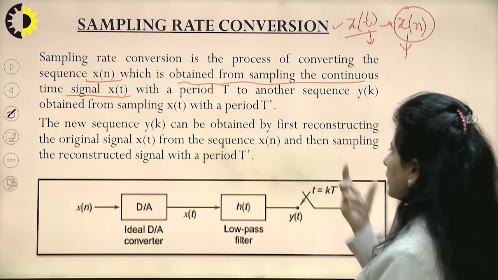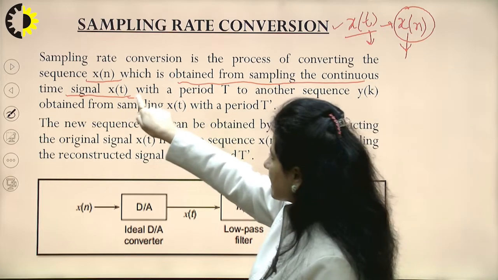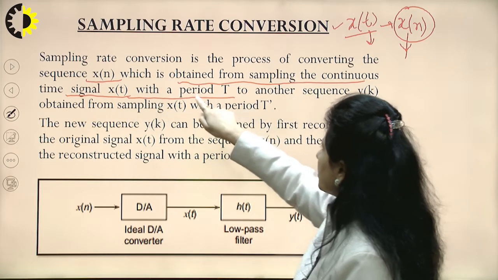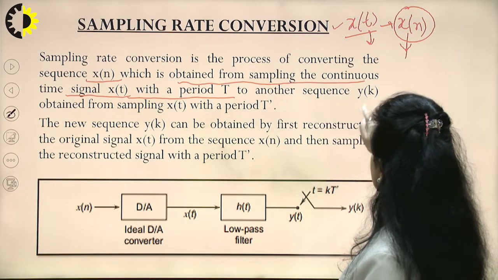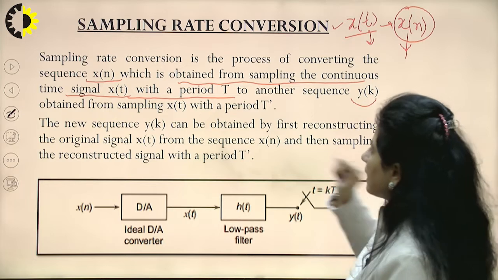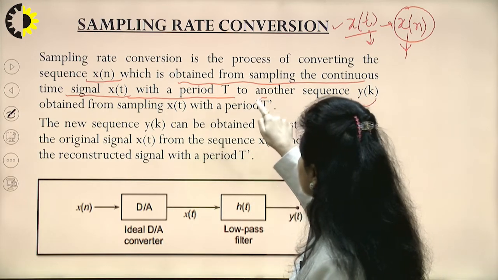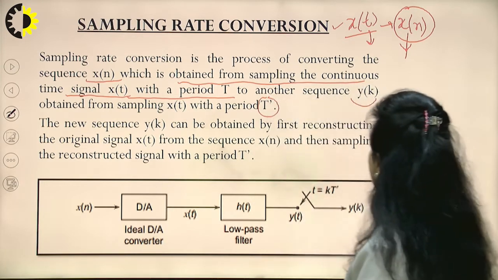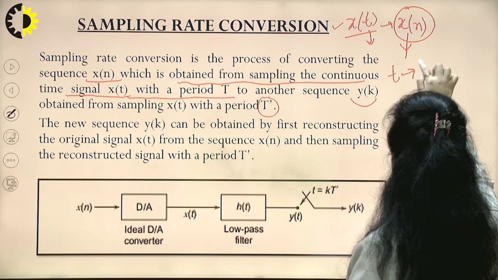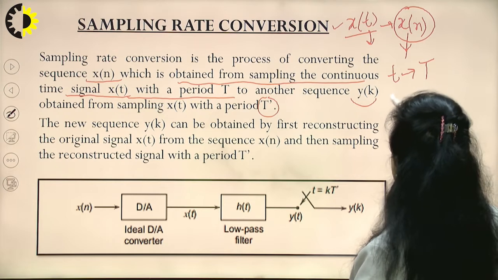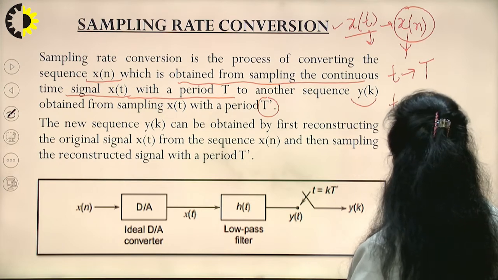Initially my signal x(t) was denoted with the help of the period T, and another sequence is being generated, say y(k), and the period for that sequence would be T dash. So a sampling time period T is being converted to another time period T dash.